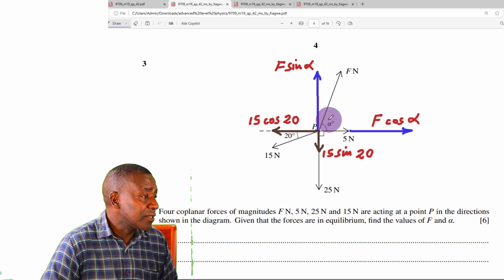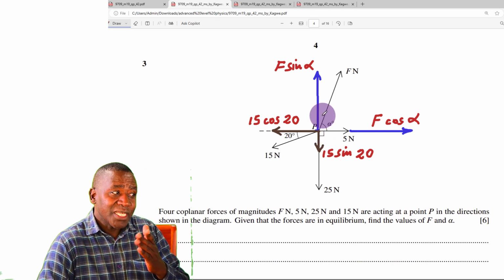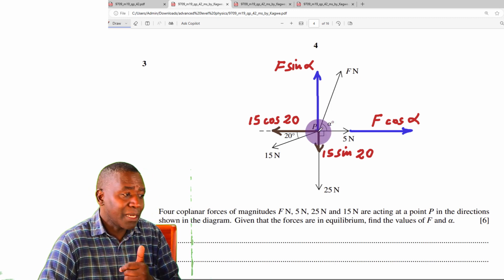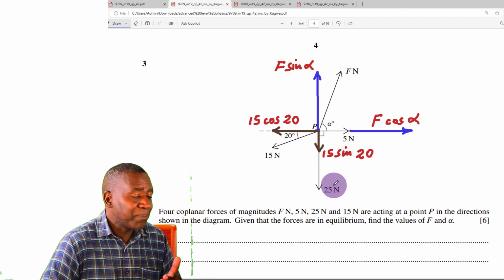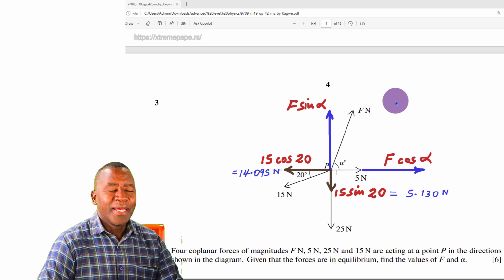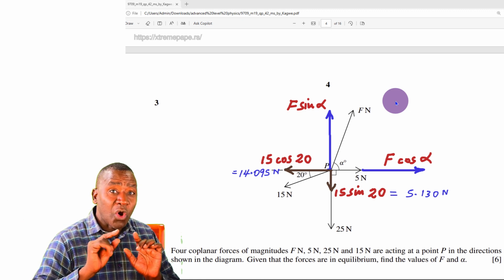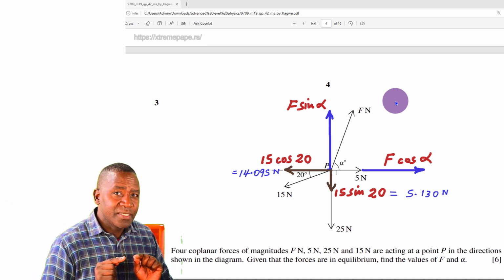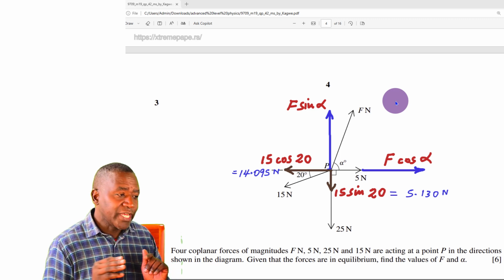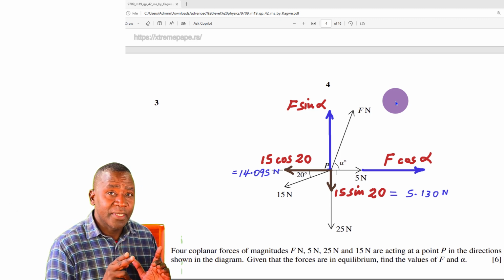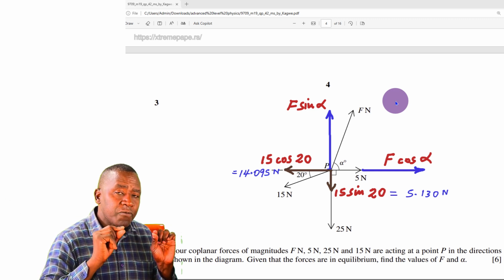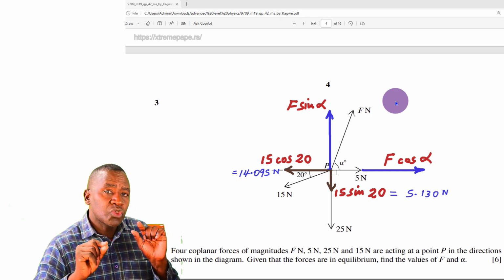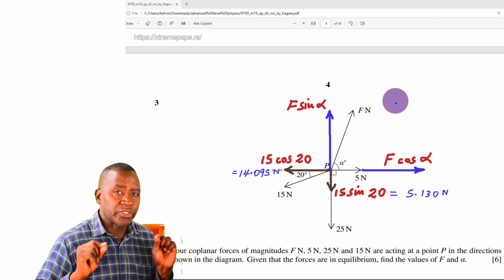And then next, the sum of the forces vertically upwards is F sin theta. The sum of the forces vertically downwards is 15 sin 20 plus 25. Now, after you have resolved all the forces in the standard directions, like we have done here, then you are ready to equate the sum of forces in one direction to the sum of forces in the opposite direction.